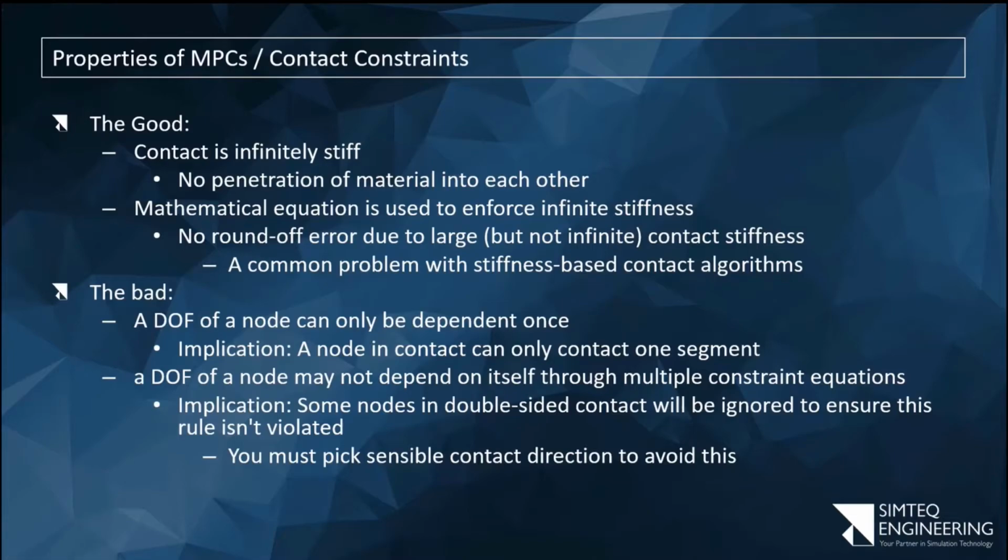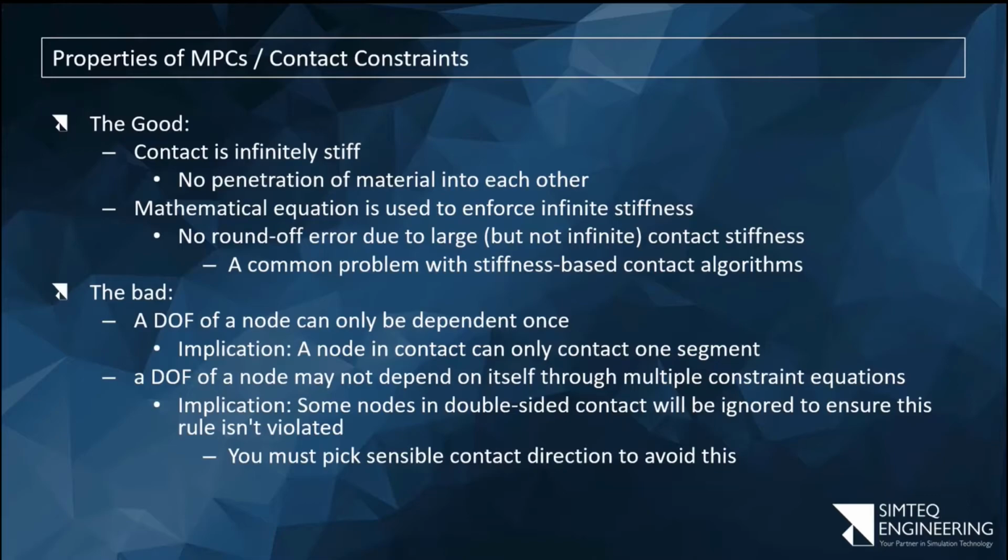But the higher you make it, the less likely the model is to converge, or we actually can get to a significant round of errors. So the advantage of using this infinite stiffness equation means we don't have that possible round of error that can occur due to a stiffness-based method. Okay, so that's the good.